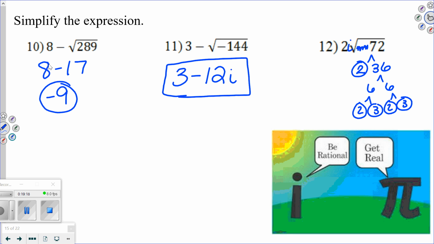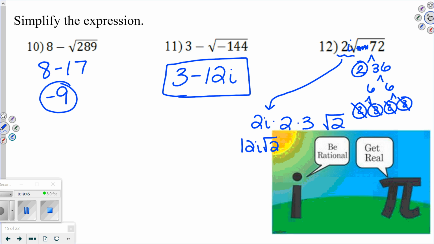All right, so we got a pair of 2s, pair of 3s, a leftover 2, and you had this stuff in the beginning. So 2i times 2 times 3. Can I multiply these even though one has an i, one doesn't? Yes. Multiply and divide, yes. Add and subtract, no. So that's going to give me 12i and a radical 2.